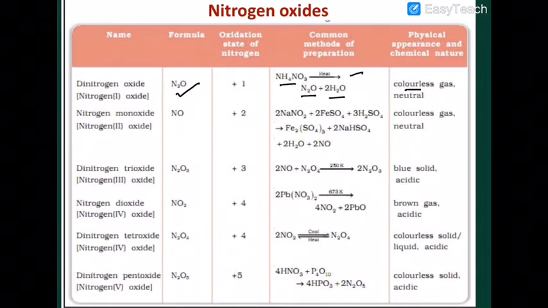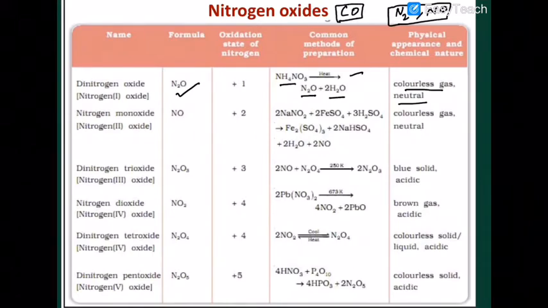That is a colorless gas and neutral gas. Remember that N2O and NO are two neutral oxides of nitrogen. Like carbon also has carbon monoxide as the neutral oxide.